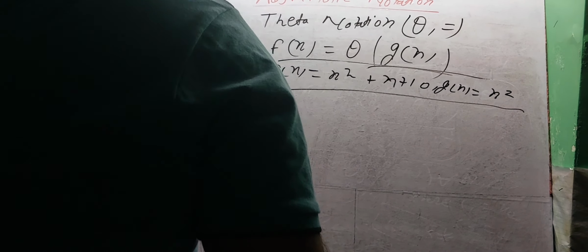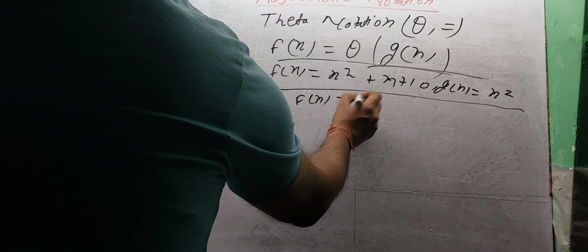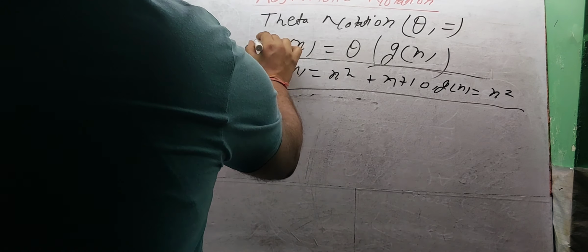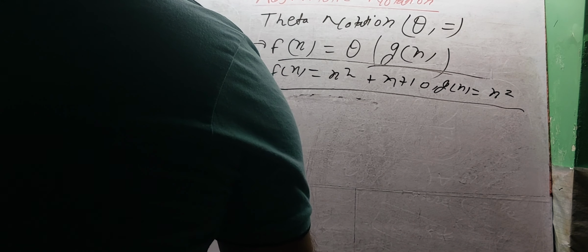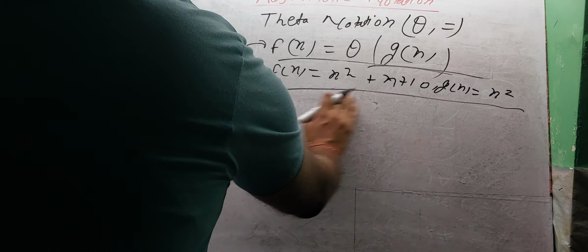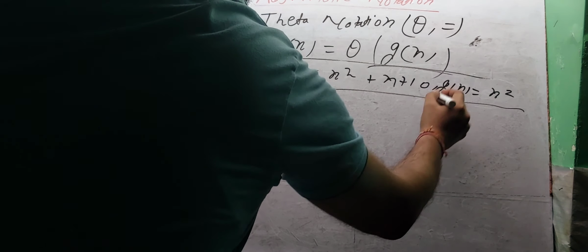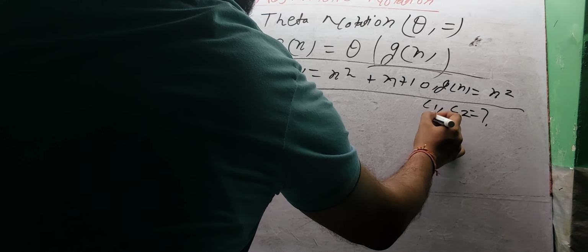Now we will prove this example for theta. If we want to write f of n equals theta of g of n for the given f of n and g of n, we need to find c1 and c2 and also n naught.